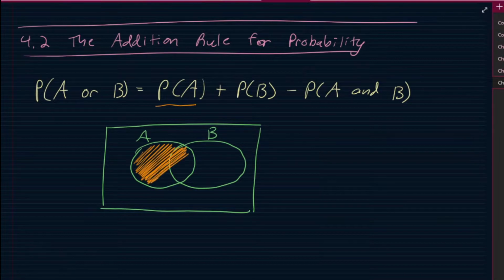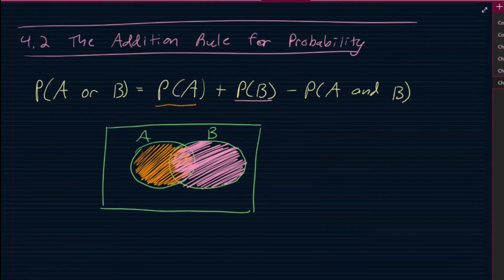And then we do probability of B, which is all of this circle. And if you'll notice, that means we're counting that middle part twice. That intersection. And that's what the subtraction does at the end, is it accounts for us counting that twice. It takes one of them away and gives us the proper number there in the probability. So that's kind of the idea behind this formula.